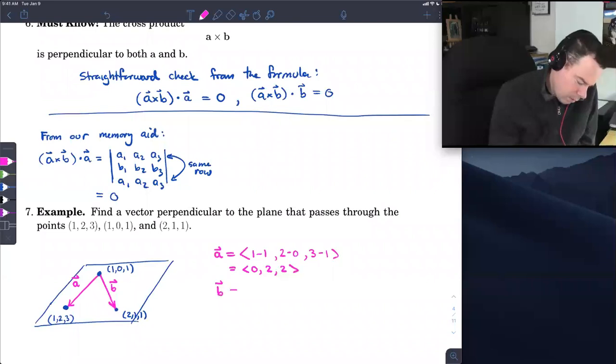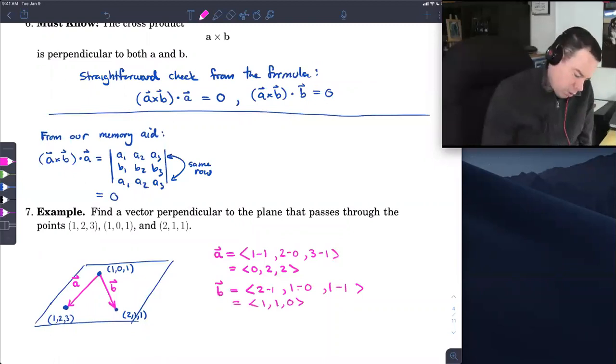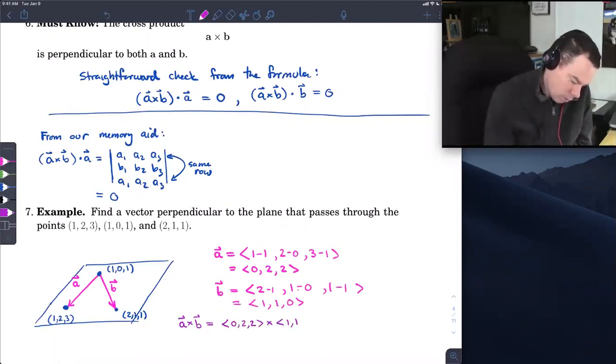And B is going to be the vector given by its tip 2, 1, 1 minus the tail 1, 0, 1. So that's 1, 1, 0. So those are our 2 vectors. Now we want to compute the cross product of them. So if I go A cross B, that's 0, 2, 2 cross 1, 1, 0.